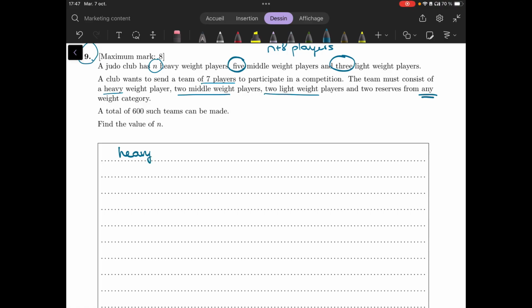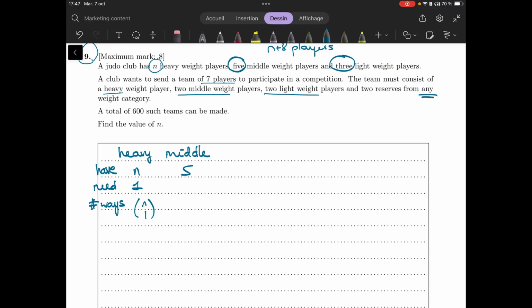How many heavy players do we have? N. How many do we need? 1. How many ways can we choose 1 from N? N chooses 1, or just N. Middleweights.